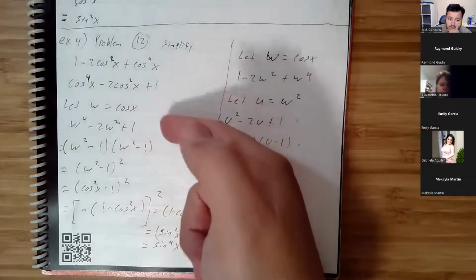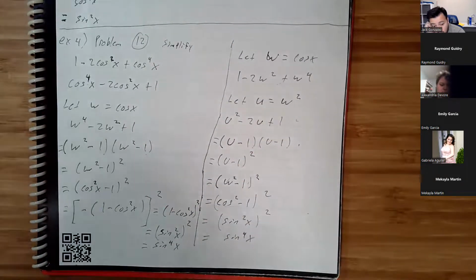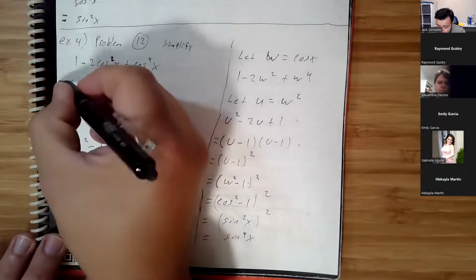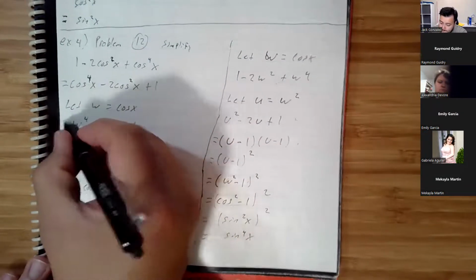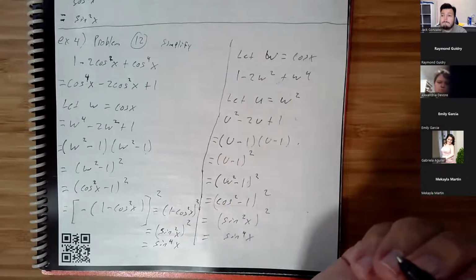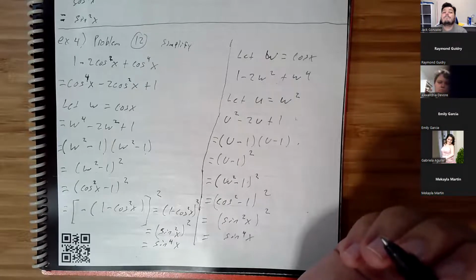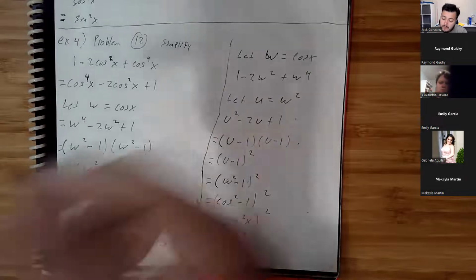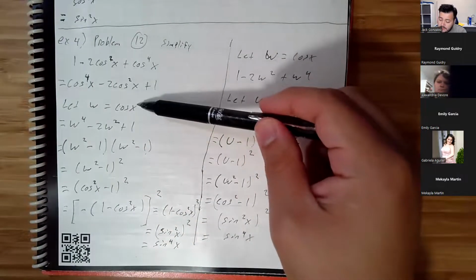Does any step around here not make sense to you, because this one was a little more difficult? Did I lose you along the way? Do you see how this was a dummy variable?